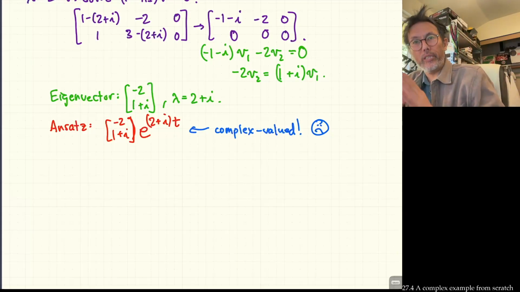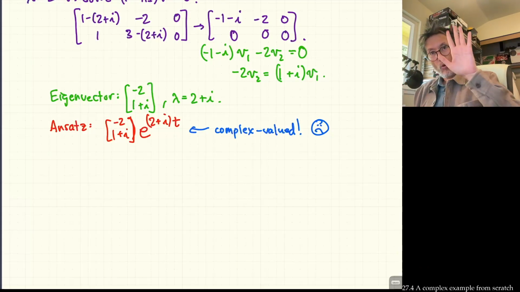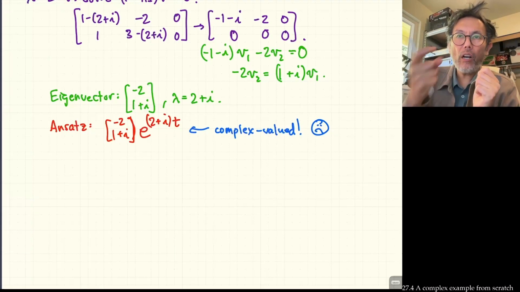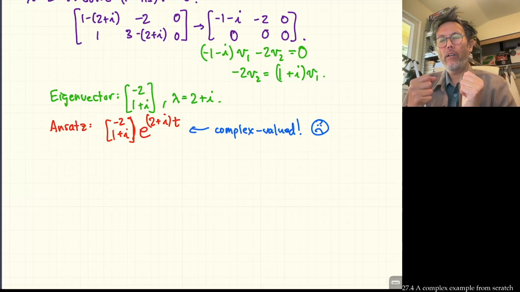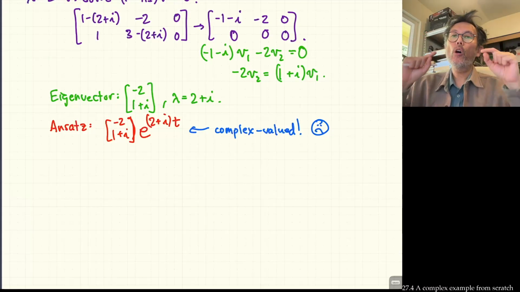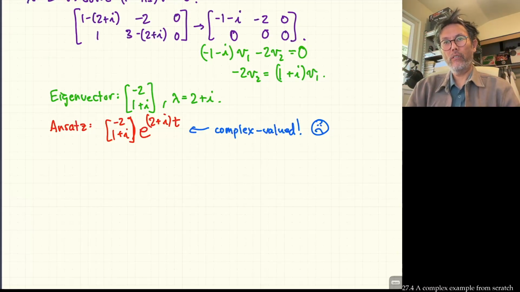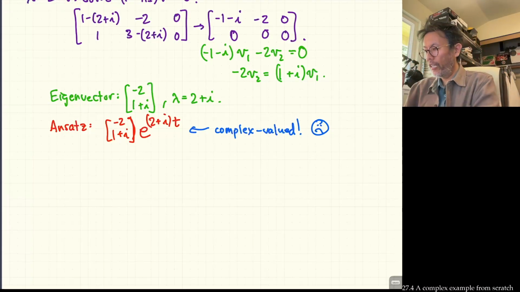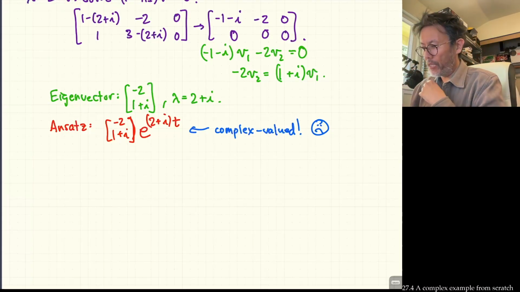So what I'm going to do is manipulate this into its real part and its imaginary part. And the thing that I foie gras down your throat is that the real part and the imaginary part are themselves real valued solutions. And not only that, but they are also linearly independent. Okay, so now I'm just going to do that kind of manipulation on this.